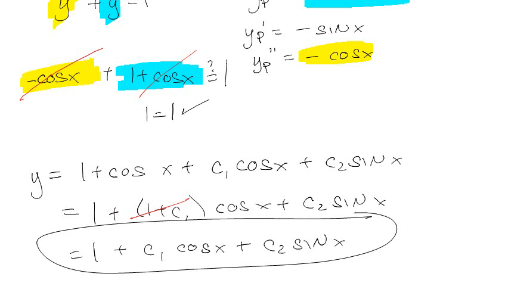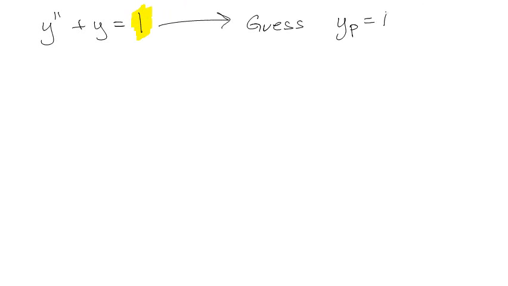Now the second question was, how did I know how to guess 1 in the first place? That's a little bit trickier, and we're definitely going to do a whole lot more of this, but the basic idea is that I'm looking at this, I'm not really sure what the solution's going to be, but I know the right-hand side is a constant. So because this is a constant, I'm going to guess that the particular answer is also going to be in the form of a constant.